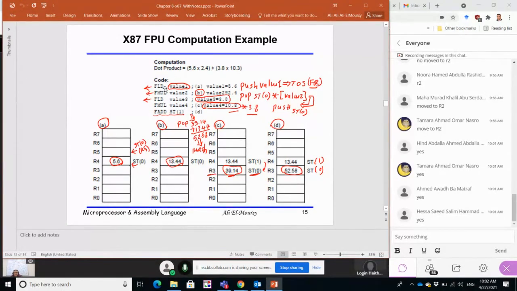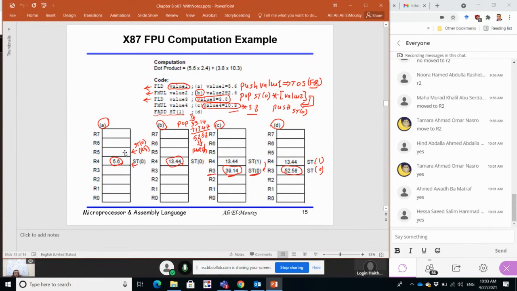You can see here I have float, fmul, fadd. Those are the three instructions used in this code. For the first instruction, assume that my top of the stack originally starts at register, I'm originally at ST, and ST0 is pointing to register R5.